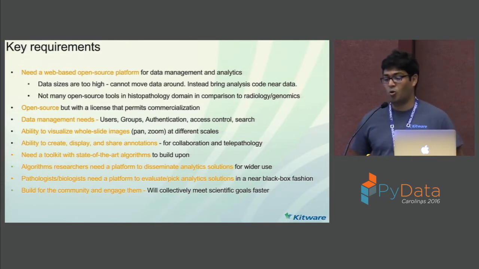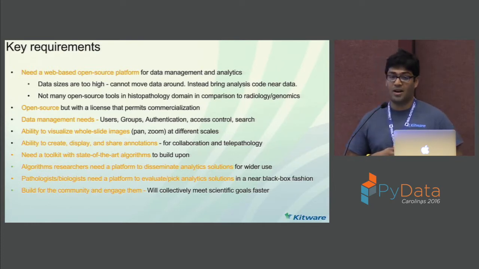There's a whole lot of data management needs that come with it, and we need the ability to visualize these whole slide images at different scales to support the pathologist's workflow, and ways to do markup and annotations on these images. We need a toolkit: the algorithm community needs a toolkit with state-of-the-art algorithms to build upon.